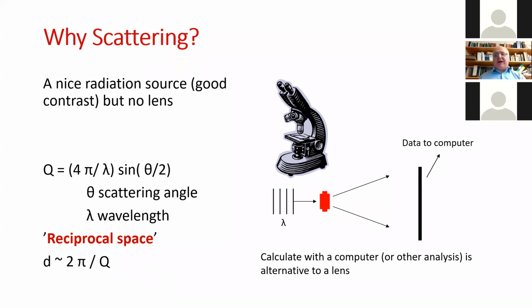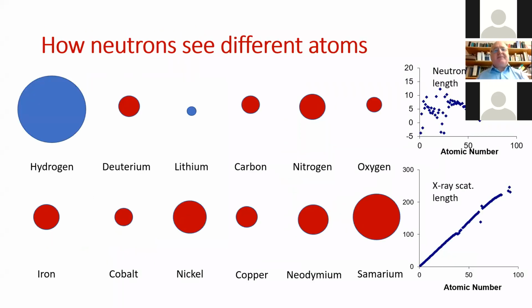And I hope the specialists in the audience will forgive this very simple introduction to the topic. And just to emphasize again how neutrons see different elements, I've plotted here some neutron scattering lengths, and for comparison, some X-ray scattering lengths. And sometimes people say that the neutron scattering length for different elements is random.